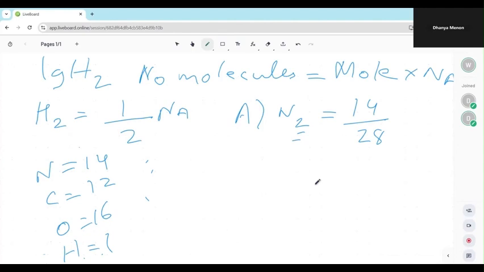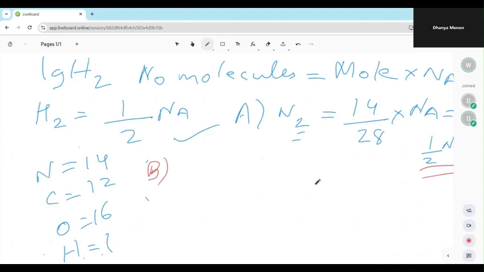So this is the moles times Na, which comes to 1 by 2 Na. Is it matching with hydrogen? It's matching with hydrogen. So this is one of our answers, but we have to check if we have anything else extra.